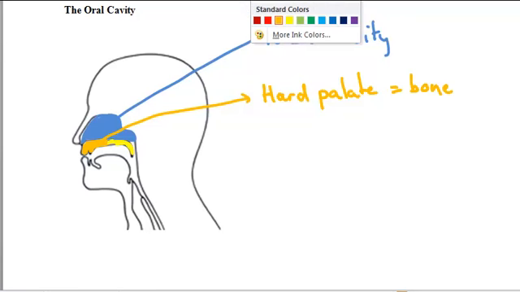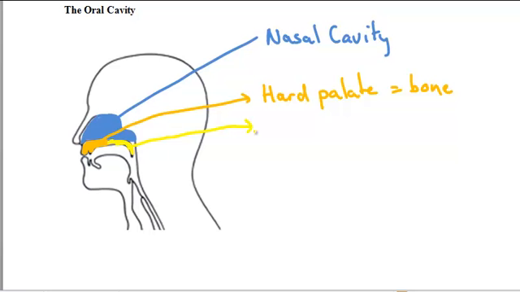And at the back, you have your soft palate. And this is actually made up of muscle. And they work together with this little piece that hangs down at the bottom here.